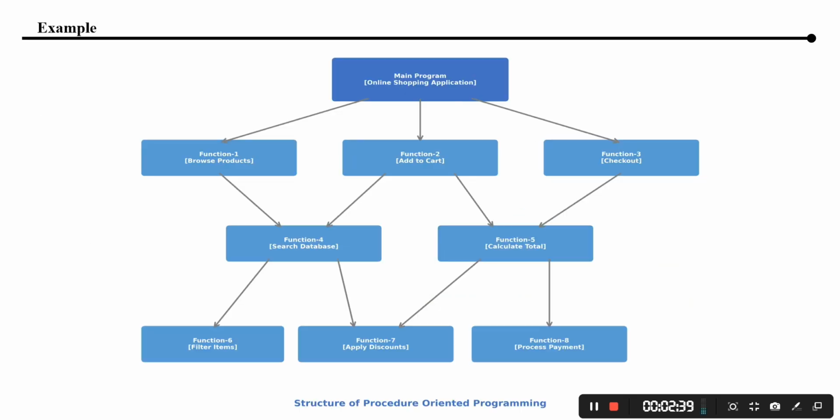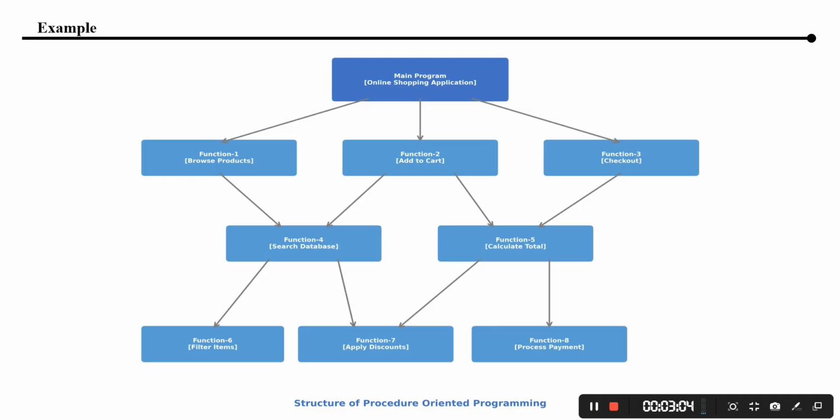So the same example with a real-time application. Consider that we are developing a project for an online shopping application. The main program is to be written for the online shopping application. To have online shopping, the application must provide browsing the products, adding the products to the cart, and checkout.